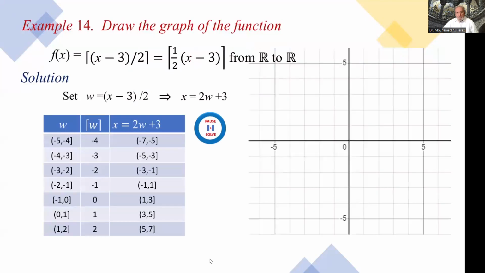You get this table, and now you need to draw this. So we are going here by 1. 1, 2, 3, 4, 5. Okay. So between -7 and -5, somewhere here is -4. It's right here, and then here.